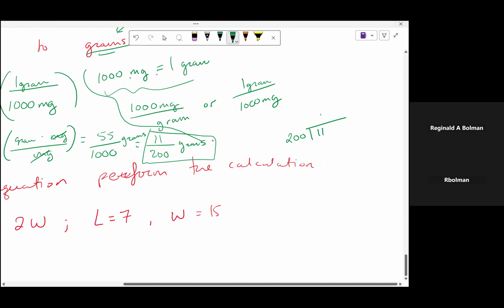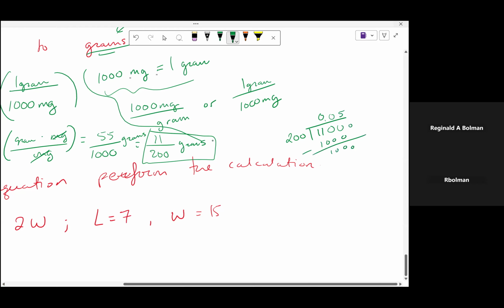And of course, 200 goes 0 times into 11. So give yourself another 0, and it would go 0 times into 110. So then you would have to guess how many times it goes into 1100, and 200 should be able to go 5 times into 1000. So you'll get exactly 1000 with 100 left over.